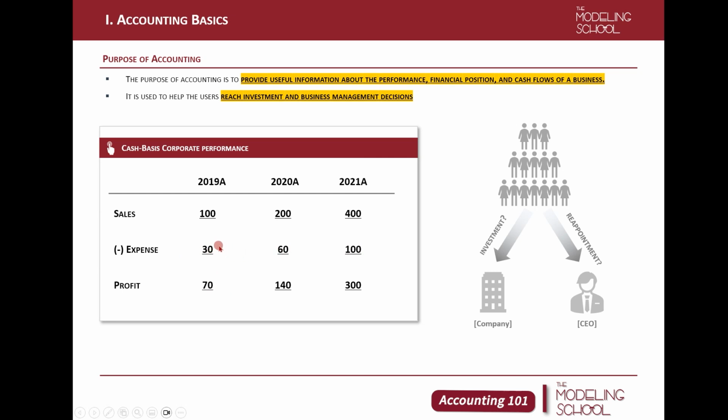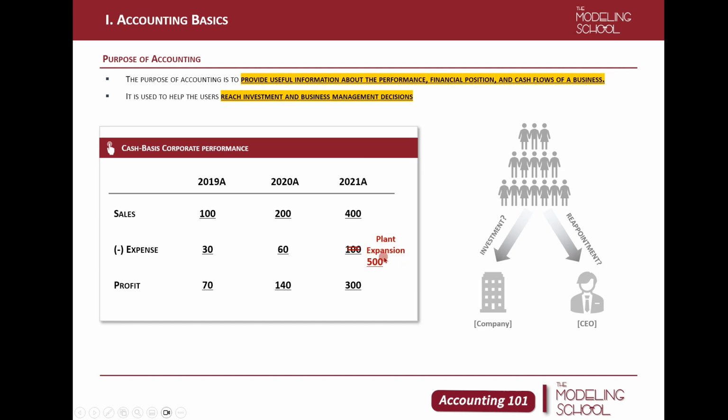Maybe some of you are noticing that the company is having a little bit of operating leverage, which we will discuss later on. And as a result, the company is reporting profit worth 70, 140, and 300. So it's a very good company if you just see the profit. But let's say the CEO decided to make a plant expansion.